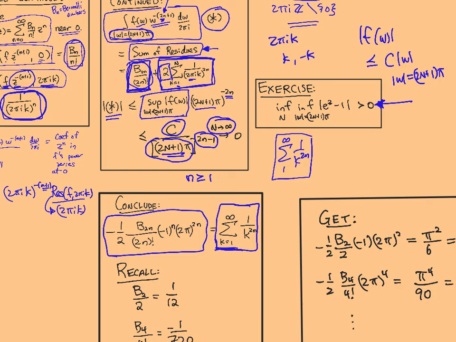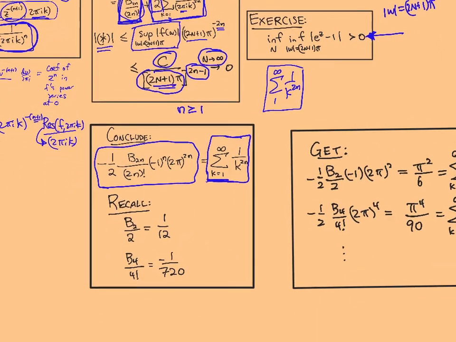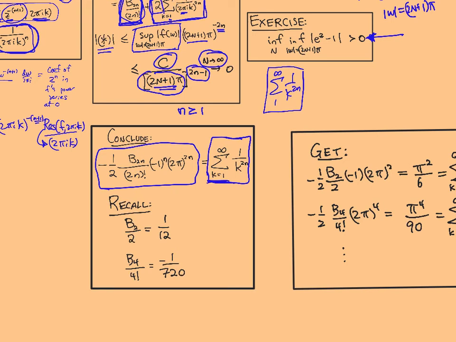And maybe it's better to try to find it yourself. And at one point, we actually found some of these coefficients by hand by just doing the division of the power series here. So the first coefficient, b2 over 2, is 1/12, and b4 over 4 factorial was this number.